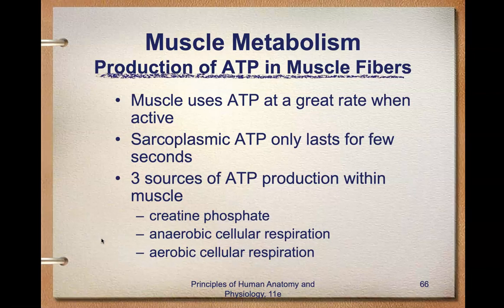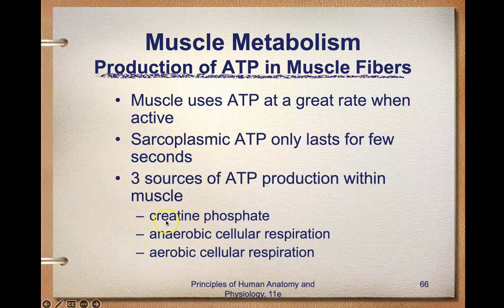Sarcoplasmic ATP is going to last only a few seconds. That means the ATP that's normally running around in the sarcoplasm. Remember, the sarcoplasm is the cytoplasm of the muscle cell. So we have to have these other extra sources of ATP production.